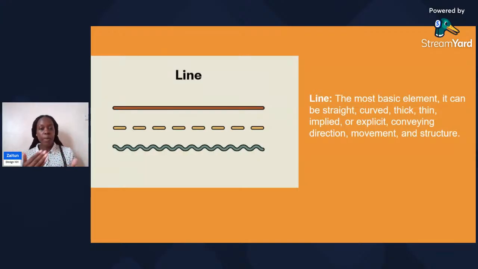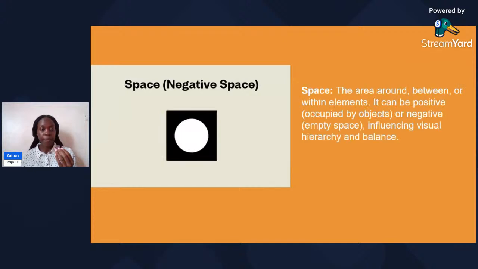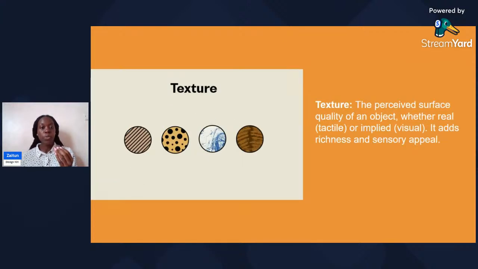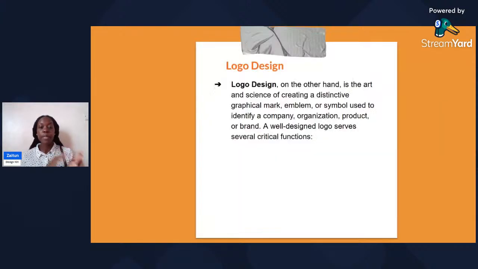So just manipulating these elements of design and principles of design, the rules and the elements, makes a very appealing design. So how do these elements and principles of design tie to logo design, or design basically?